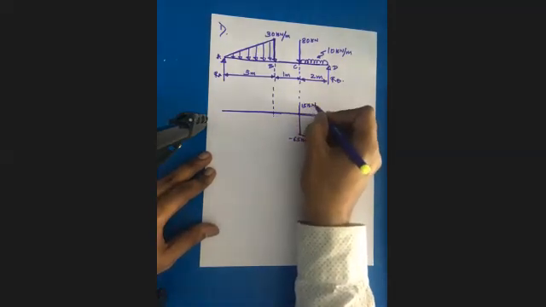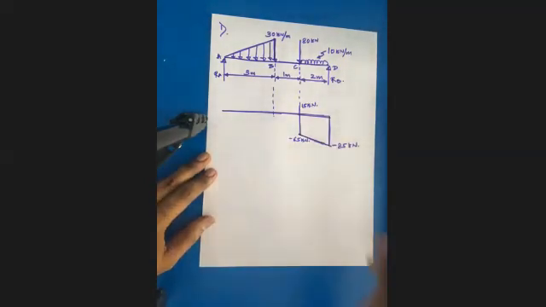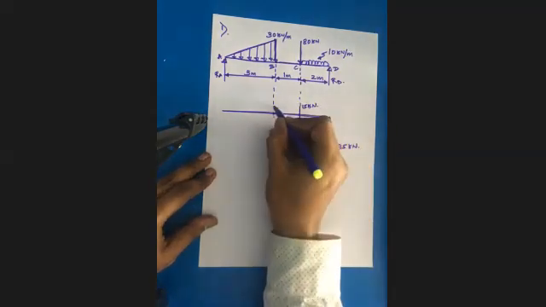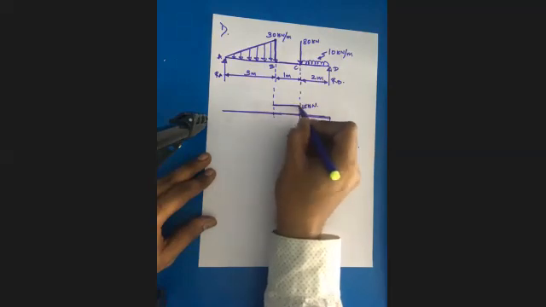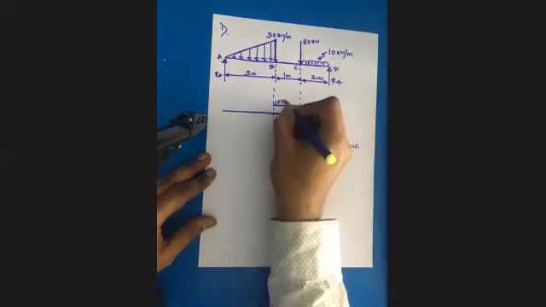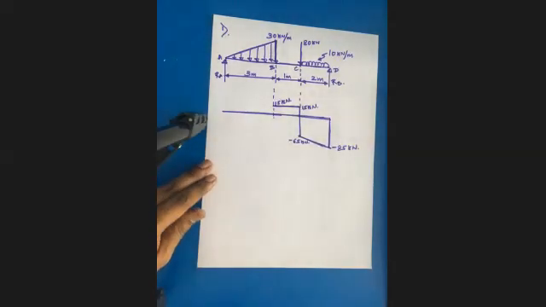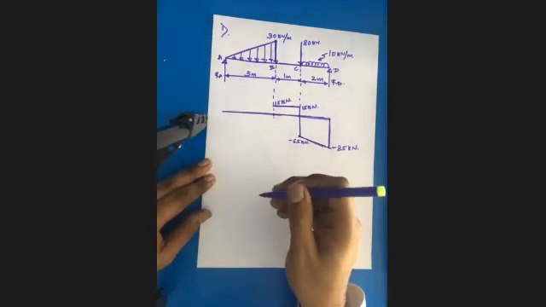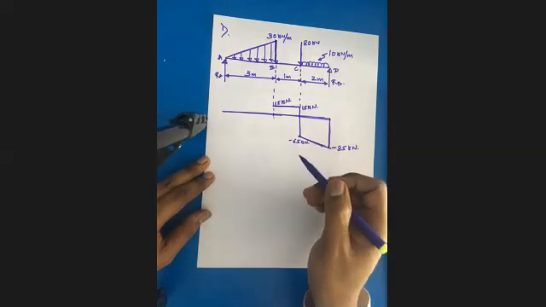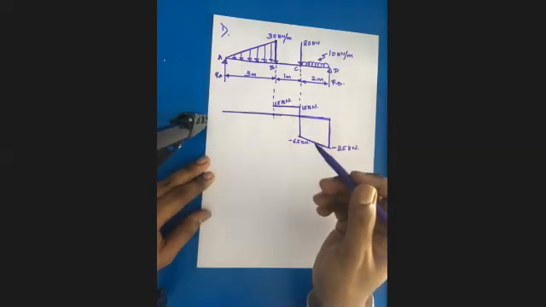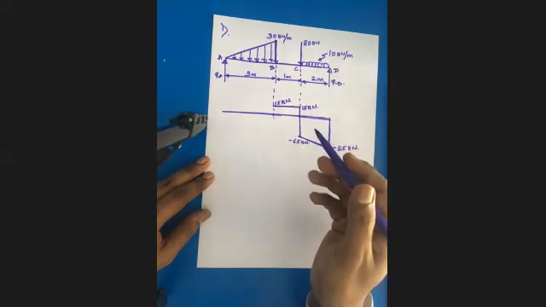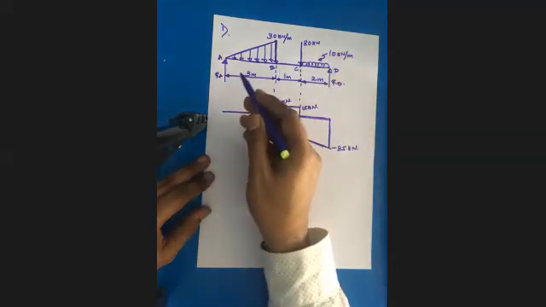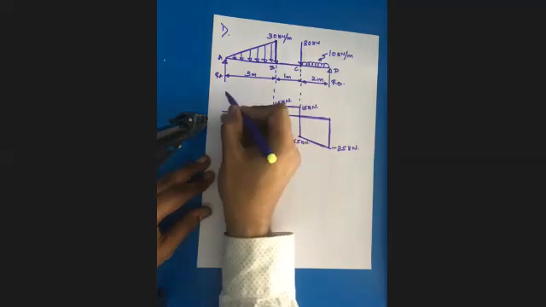Next, that 15 kilonewton remains same till point B. So I'll draw the straight line from this point to this point. This remains 15 kilonewton here as well. And ultimately, from point B to point A, we'll be having a parabolic variation, and the value of shear force at A is 60 kilonewton.